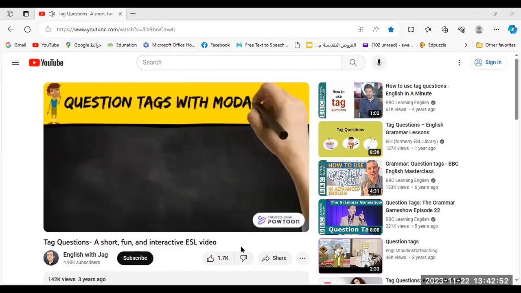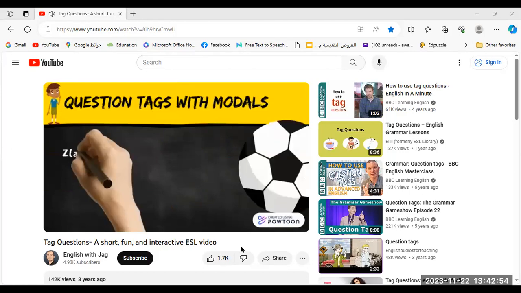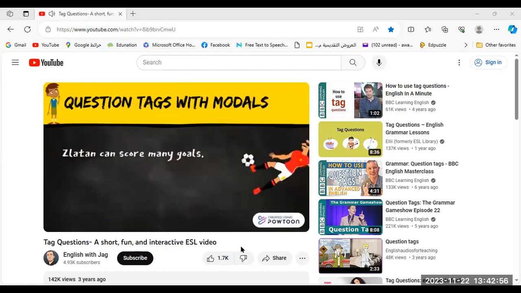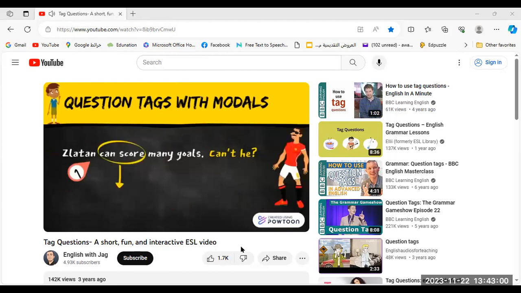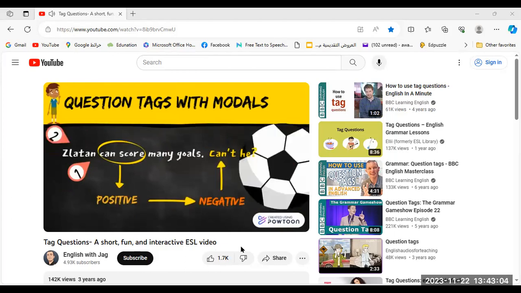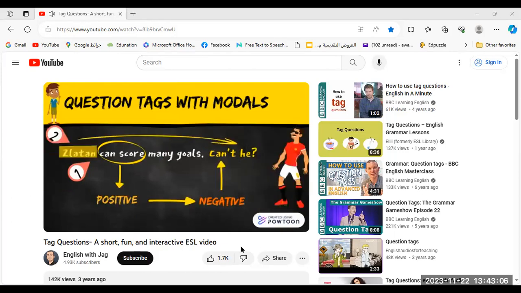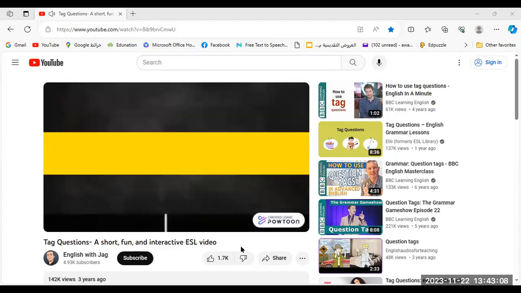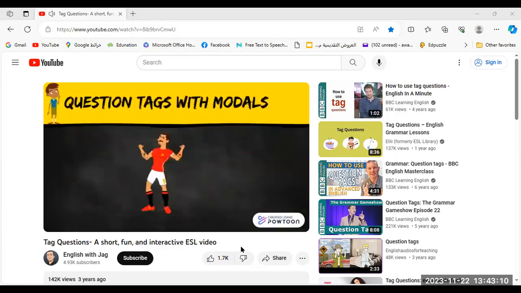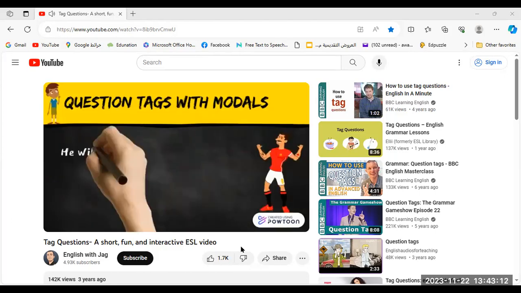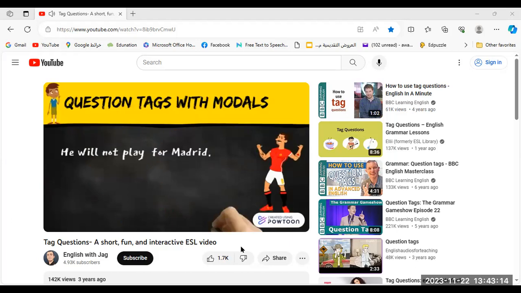When the sentence has a modal auxiliary in the positive form, we change the modal auxiliary into the negative form, just like in this example. Zlatan can score many goals, can't he? But if the modal auxiliary is in the negative form, you change it into the positive form, and then you add the subject pronoun, just like in this example.